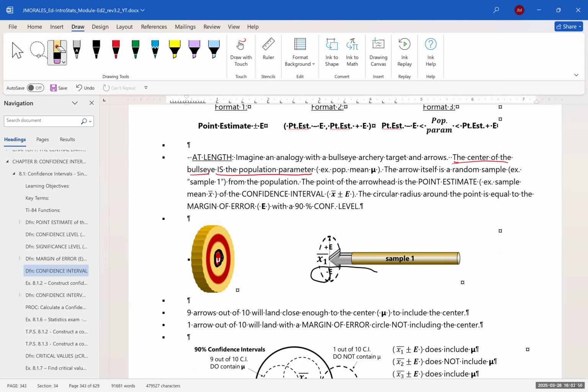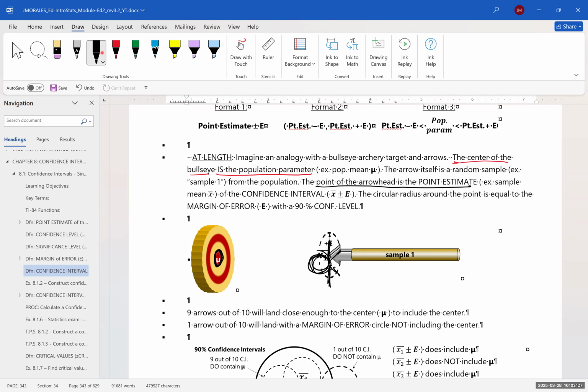Sorry for that moving around there. So from this sample, you calculate a sample mean. The point of the arrowhead is the point estimate of the confidence interval. If you imagine the point of the arrow is the sample mean, then the width of the barbs would be the error being added and the error being subtracted.